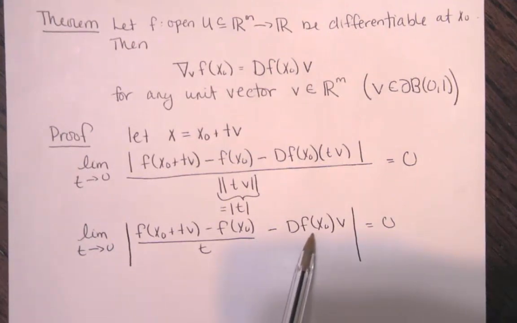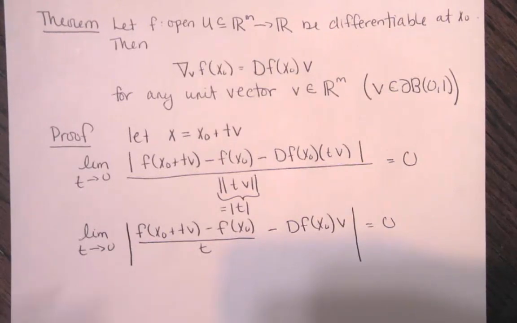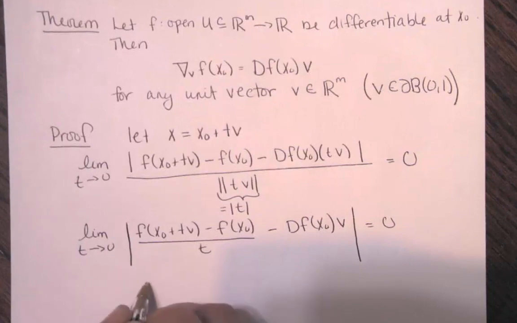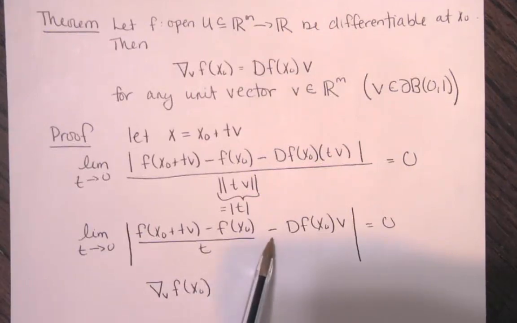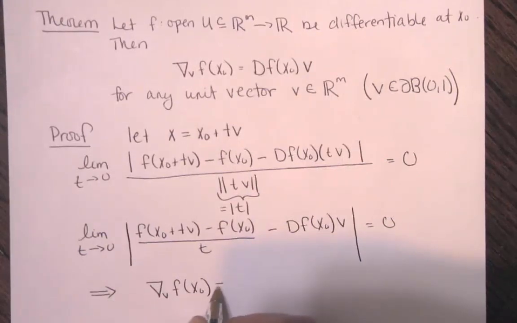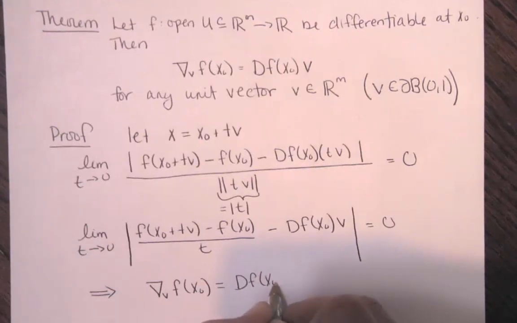Now because there's no t here, I can distribute this limit. And of course the limit of this is, by definition, the directional derivative. So the directional derivative minus the derivative applied to v is 0. So I can conclude the directional derivative is the derivative times v.